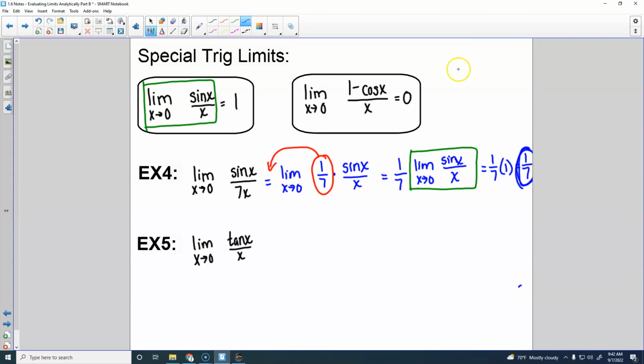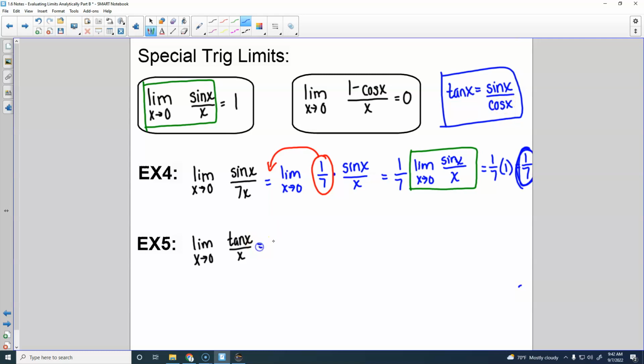What does tangent of x equal? Some trig identity stuff. Sine x, not plus, over cosine x. So here's another thing that you need to make sure you have memorized. This is trig identity stuff from pre-cal. So tangent equals sine over cosine.